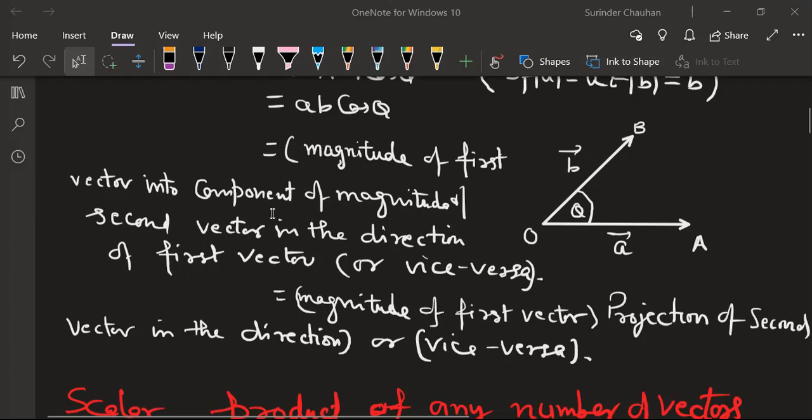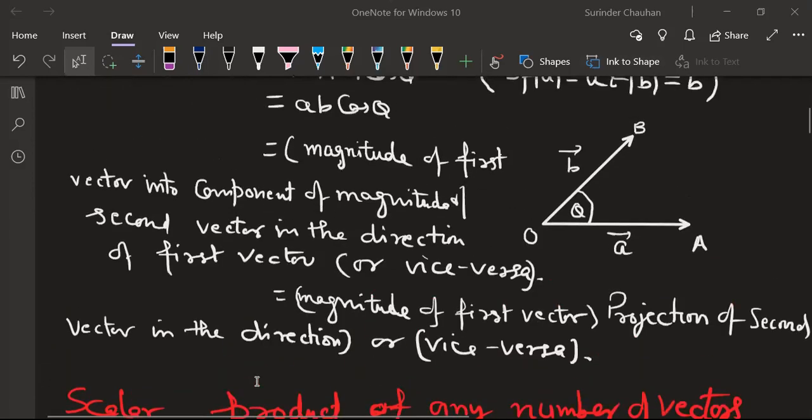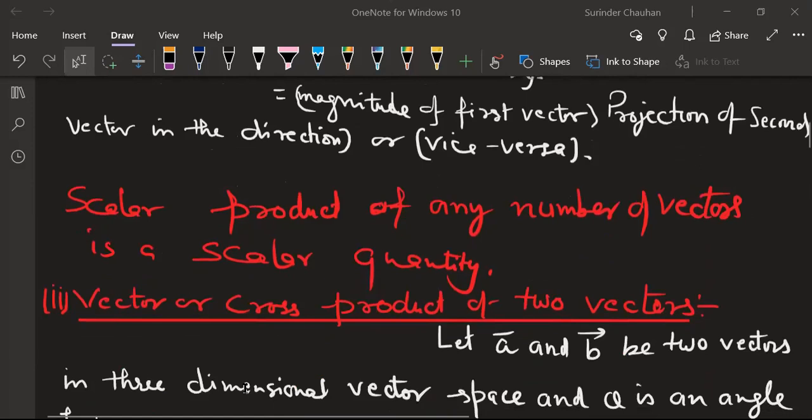So when you find the dot product of two vectors, we will always get a scalar quantity. That is, if we find the dot product of any number of vectors, we will always get a scalar quantity.